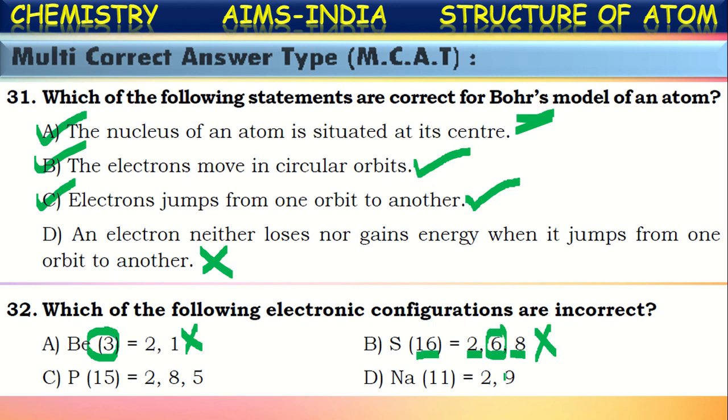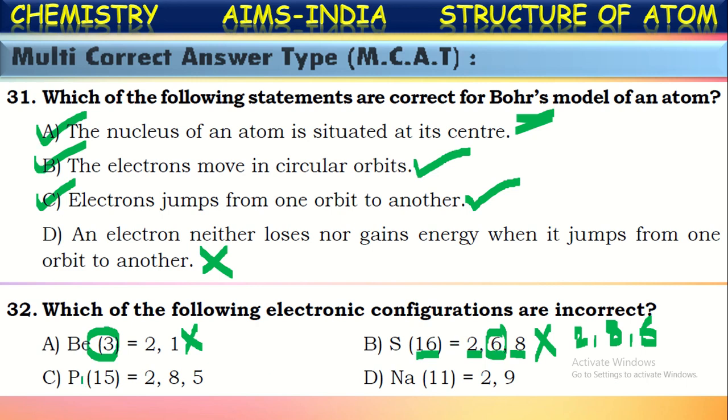What should it actually be for sulfur? As it has 16 electrons, there should be 2 electrons in the first shell, 8 electrons in the second shell, and the remaining 6 electrons in the third shell. So it should be 2, 8, 6, but they mentioned here 2, 6, 8, which is incorrect.